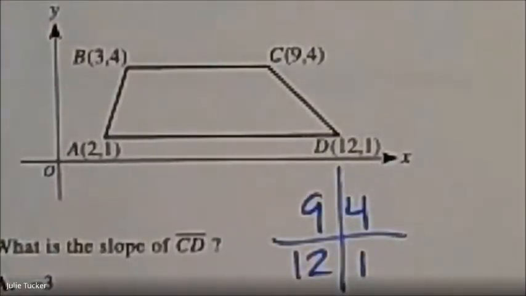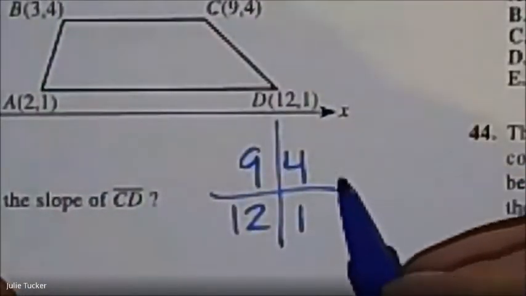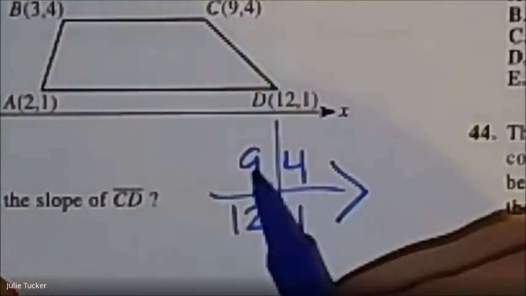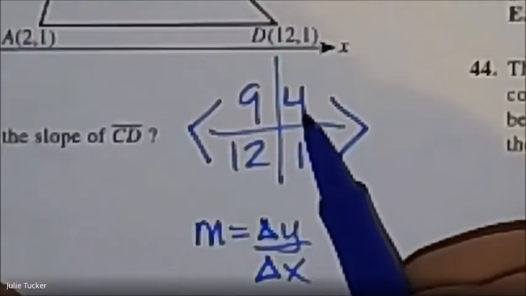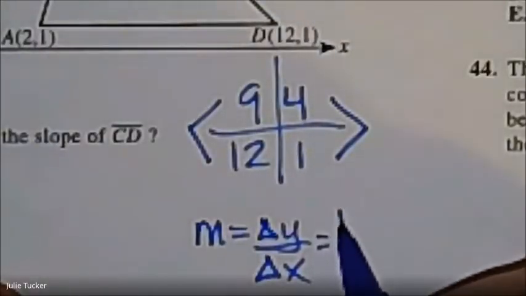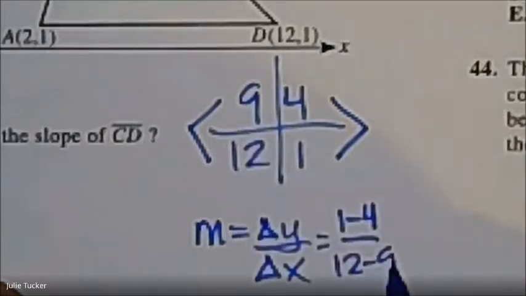How do you get slope when there's a table? You don't cross multiply. You do change in y over change in x. So we do 1 minus 4 over 12 minus 9.